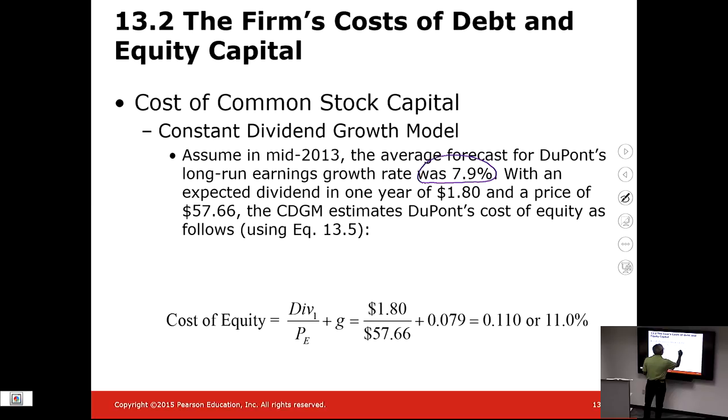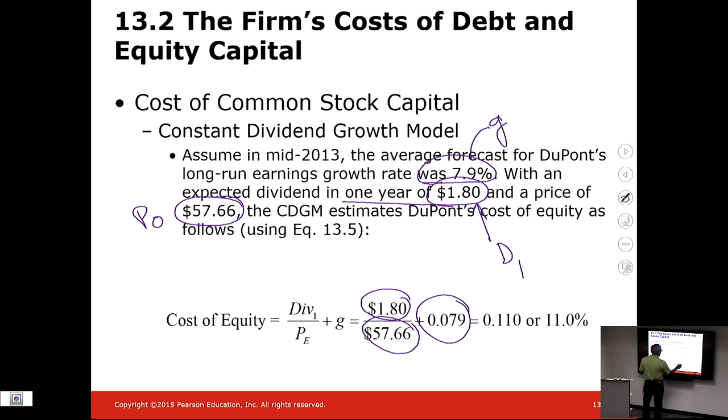A firm has a growth rate of 7.9%, that's our G. Its expected dividend 1 year from now is 1.80, so that's already stated in D1 terms. And the current stock price is 57.66, so that's our P0. Just a matter of substitution, 1.8 divided by 57.66 plus the growth rate of 7.9% will give us 11% as the cost of equity.